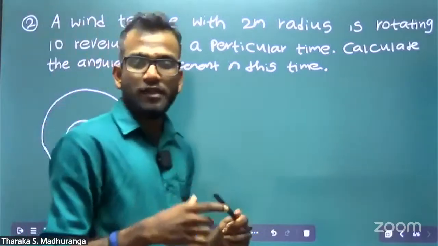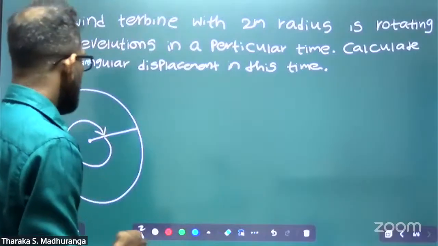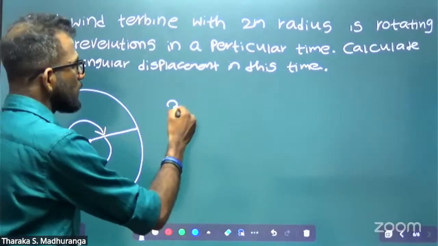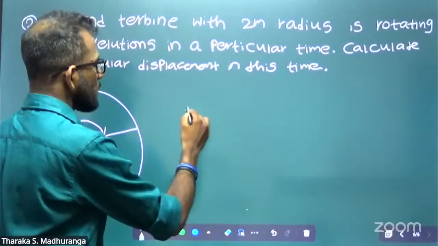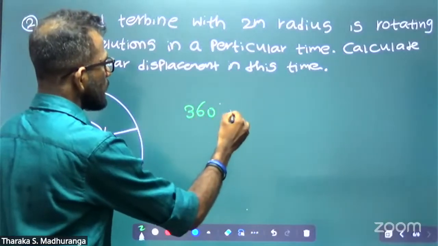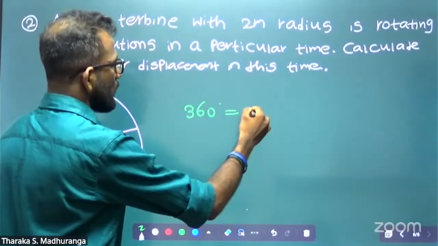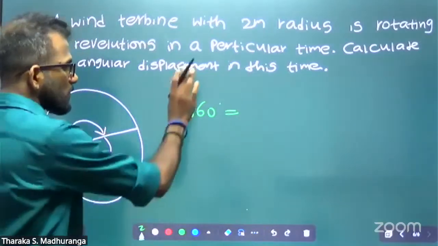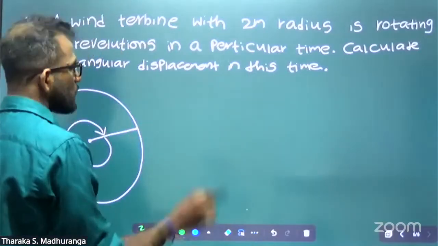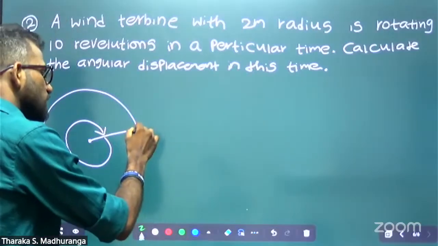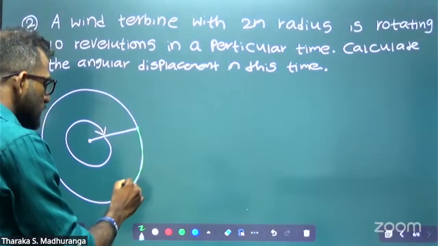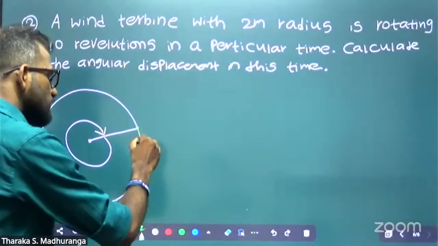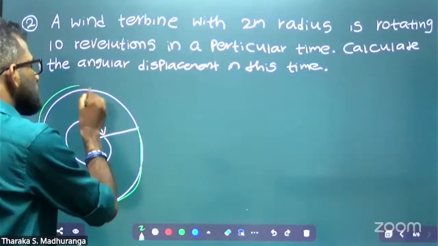It is 360 degrees. Now if you get one full revolution, the arc length is the circumference, right?